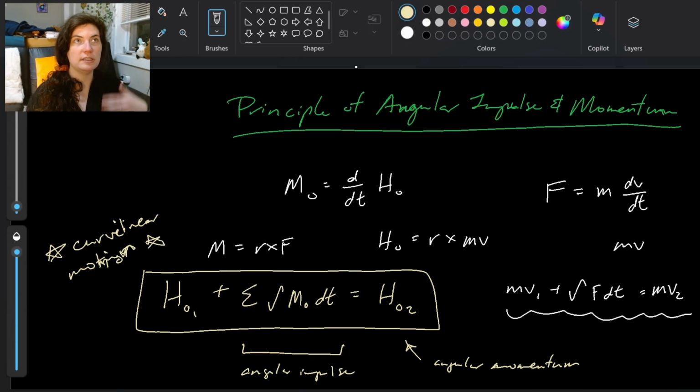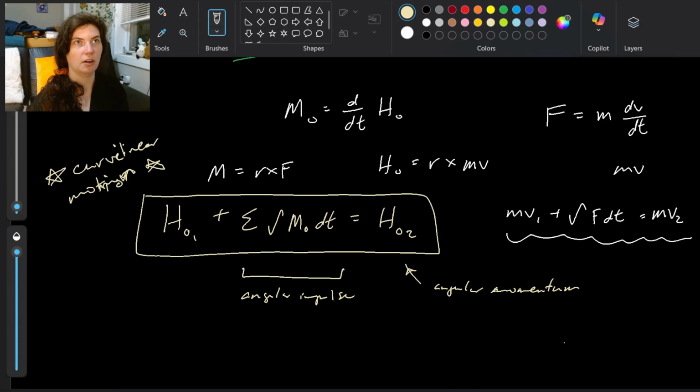And you can use these in combination. You can use your principle of linear impulse and momentum with your principle of angular impulse and momentum. You can use these together very similarly to statics, where in statics we had our sum of x forces is 0, sum of y forces is 0, sum of moments equals 0.